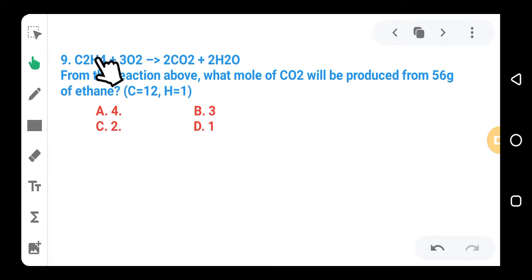This is ethane, C2H4. We are given that C is equal to 12 and H is equal to 1. Our work here is to identify how many moles. This is 1 mole of ethane here. It gives us 2 moles of CO2.